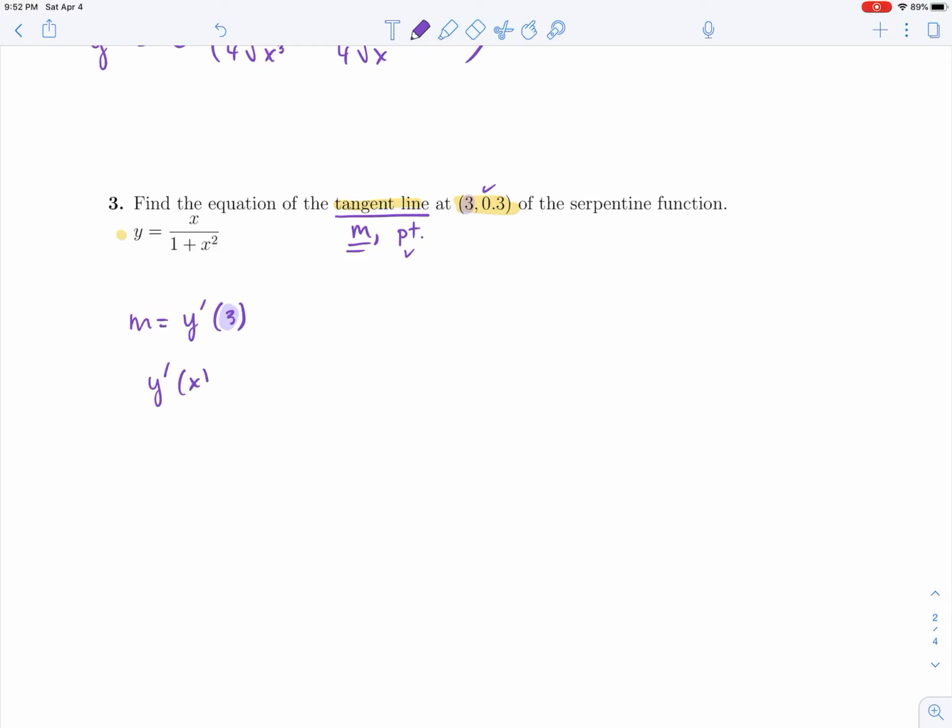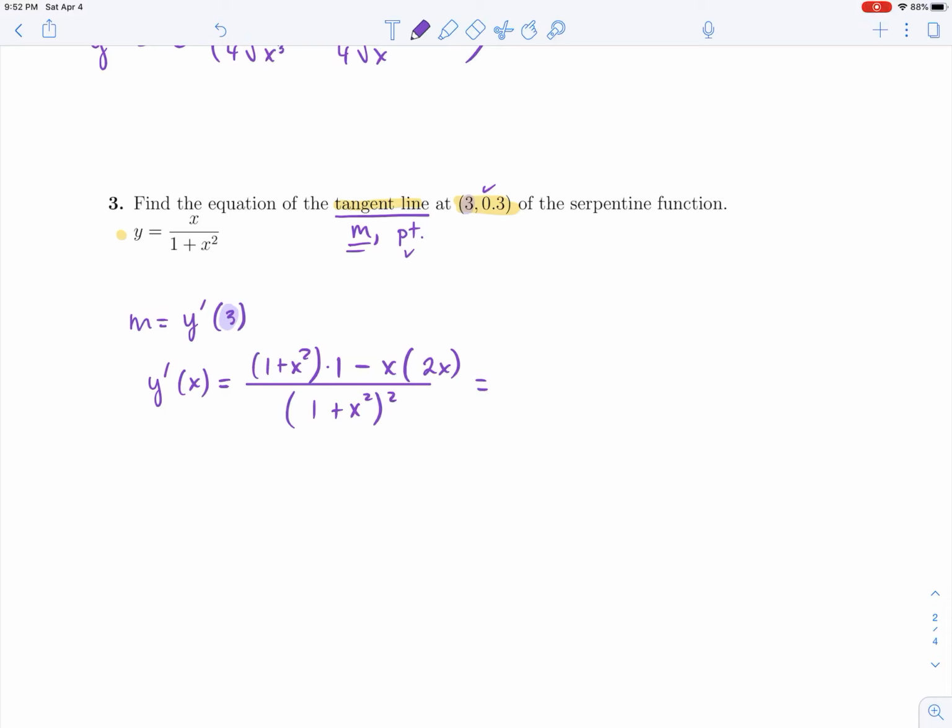So we're needing to find y prime of x first. So we've got low d high, so that's the 1 plus x squared, times the derivative of x, which is 1, minus high d low, so that's x, and then the derivative of 1 plus x squared is 2x, all over low low, so 1 plus x squared squared.